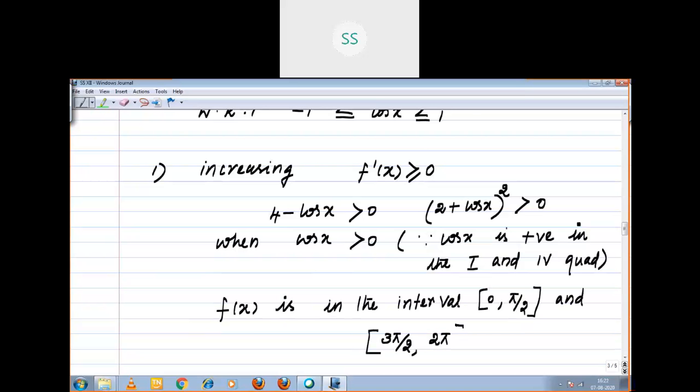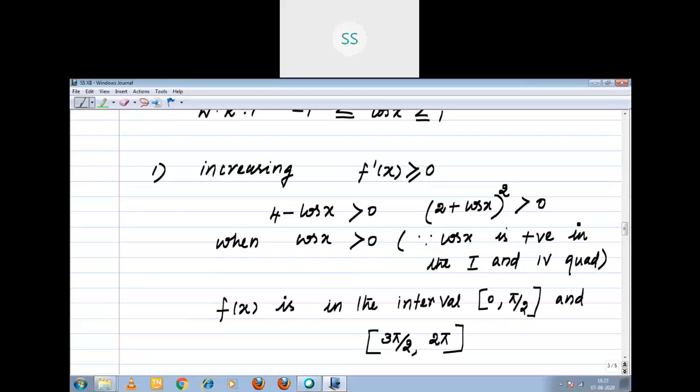Increasing means greater than or equal to 0. When you substitute 0 you get greater than, and when you substitute pi by 2, that time it is equal to 0.